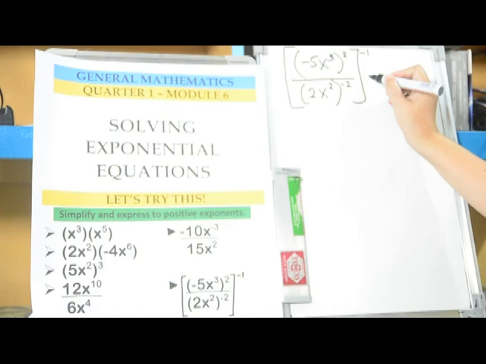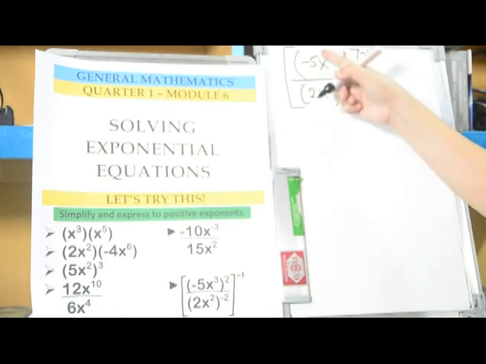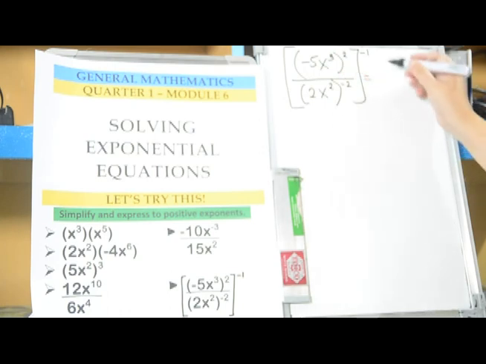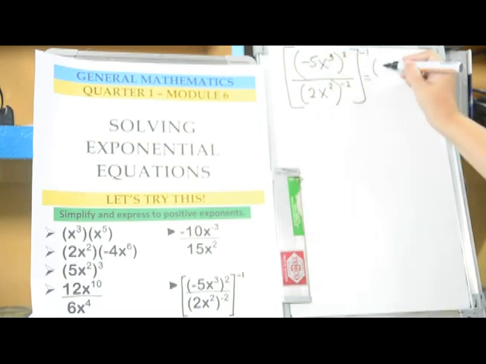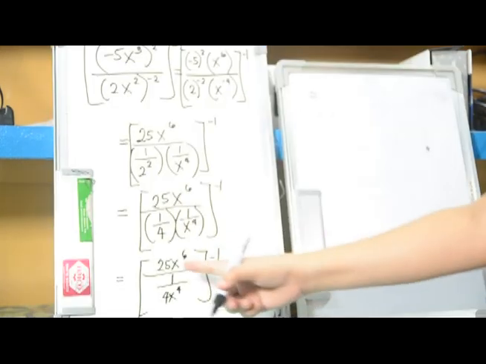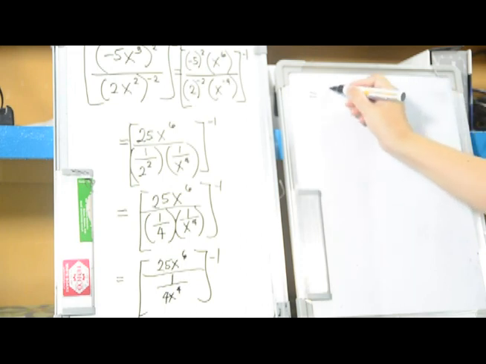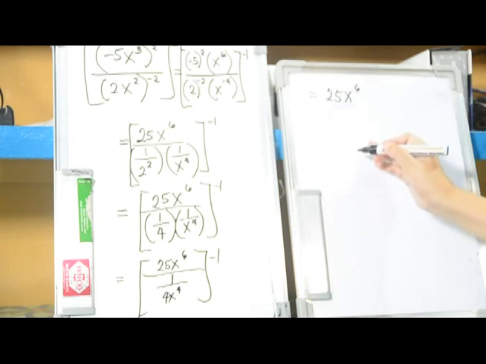So we can simply solve the one inside first. So we can just write it here so that we can maximize the space. So for this, we will have here negative 5 still. So you have here 25 x raised to the power of 6.